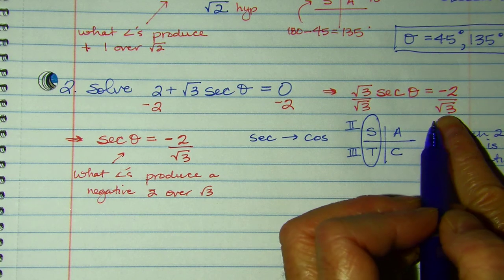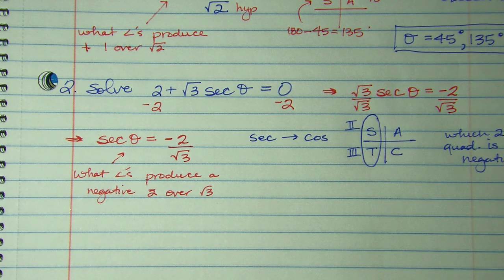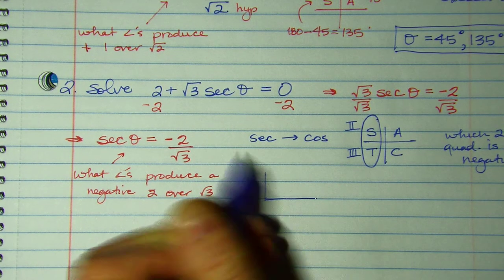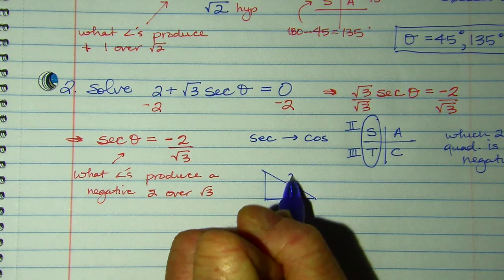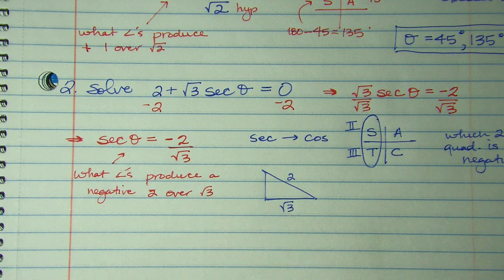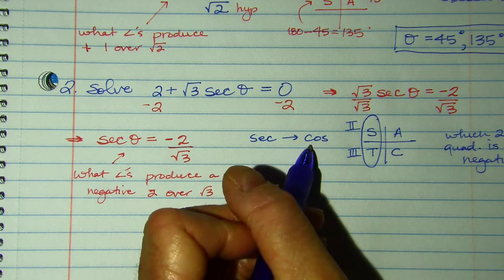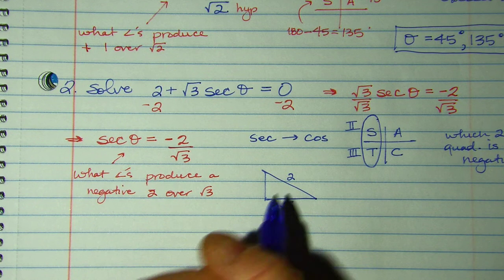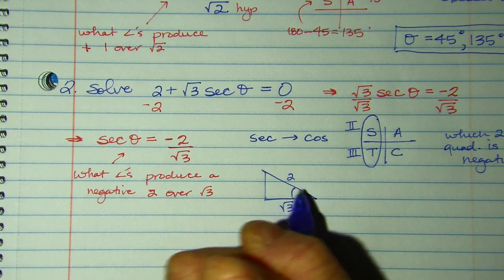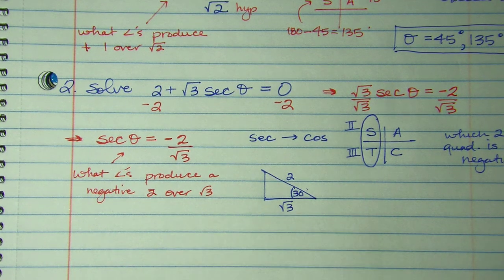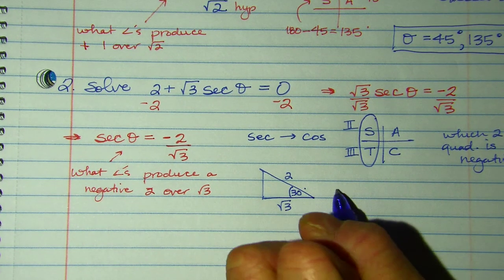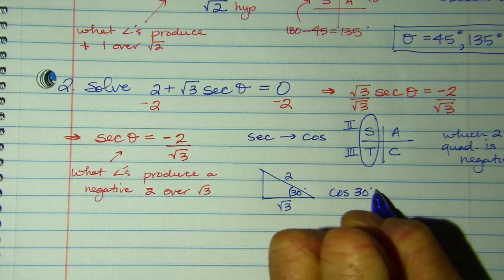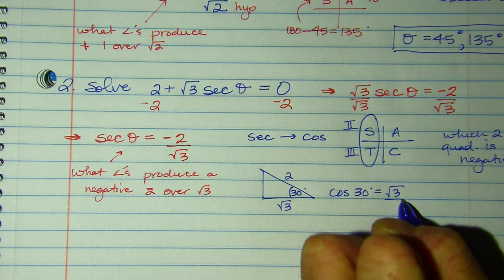Now, 2 over root 3, that's kind of a tough one. But I noticed the root 3. So based on my reference triangle, I have 2 and root 3 here. I know that cosine is adjacent over hypotenuse. So I know it's the angle of 30 degrees. The cosine of 30 degrees equals root 3 over 2.